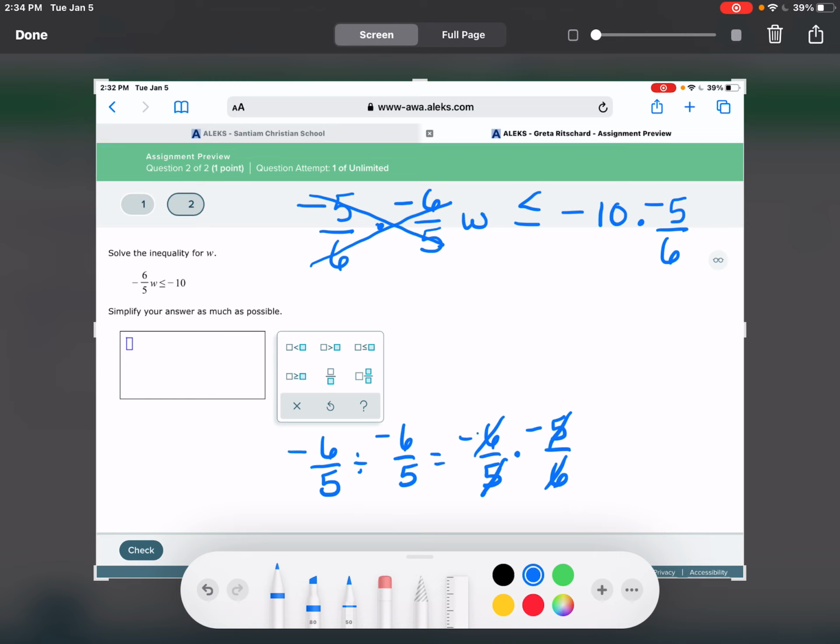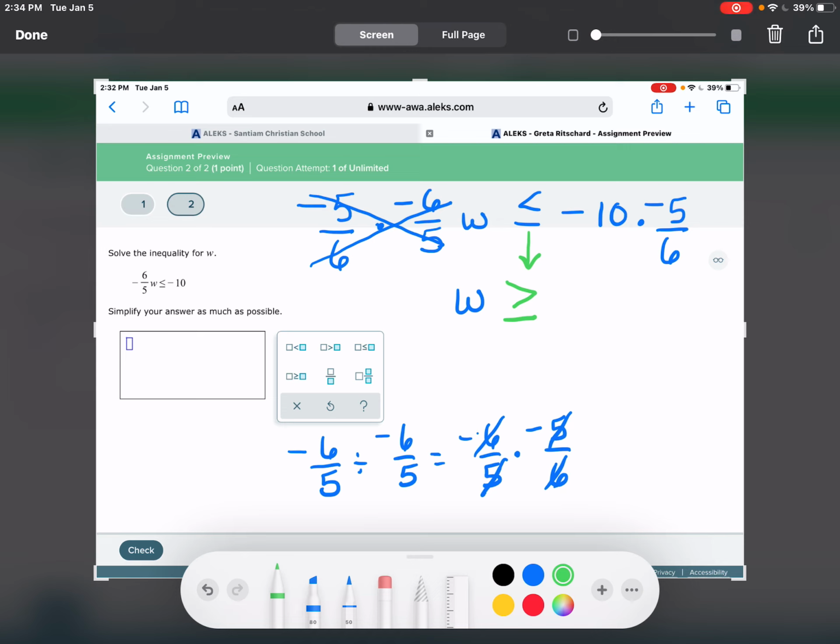All right, so we got w on this side, but we have multiplied by a negative. So we need to change the sense of our sign. Keep track of that. And then on the right side, negative times negative is positive.